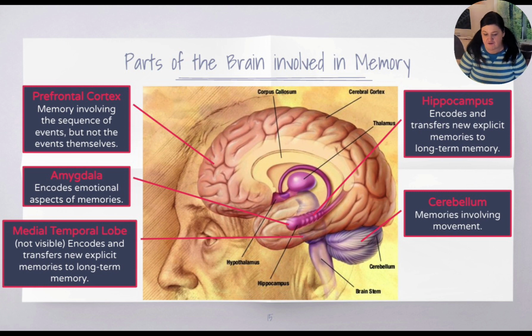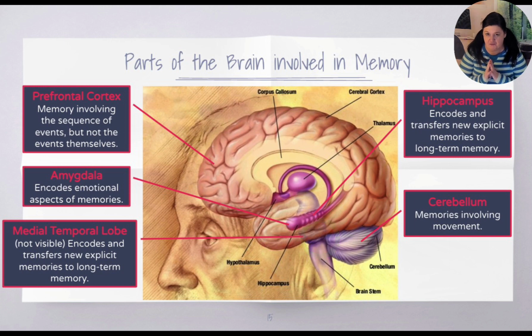Next we have over here, up at the top of the brainstem, the medial temporal lobe, which you can't actually see in the picture. It's behind here. It encodes and transfers the new explicit memories into the long-term memory, okay? We're going to talk about explicit and implicit memories in a few minutes.